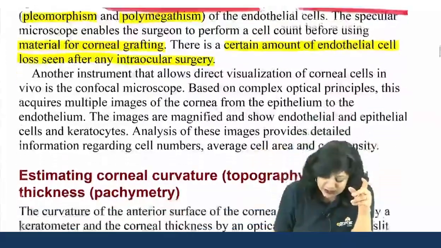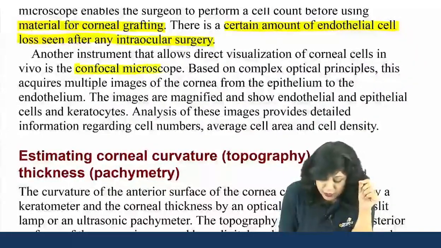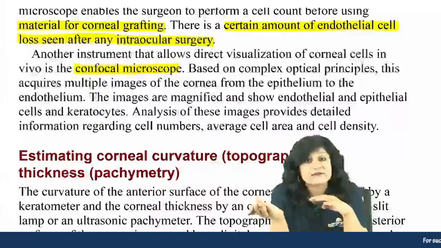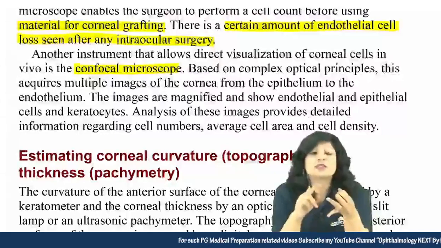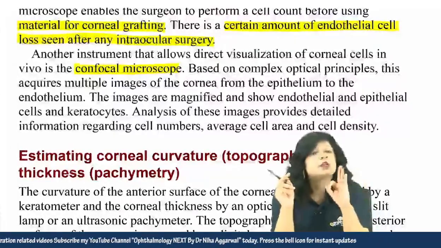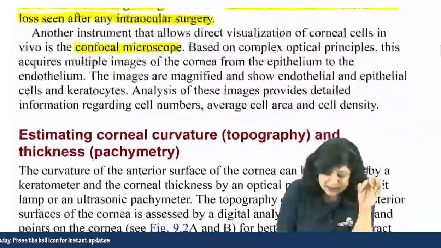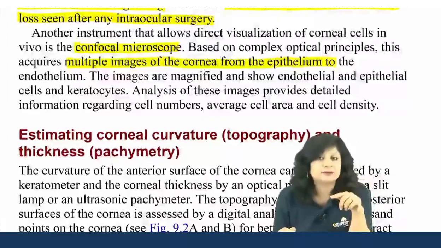Now another instrument that allows direct visualization of the corneal cells is the confocal microscope. So what are the things I can use to see the corneal cells in vivo? I can use the specular reflection in the slit lamp, I can use specular microscopy, and I can also use the confocal microscope. Based on complex optical principles, this acquires multiple images of the cornea from the epithelium right up to the endothelium.